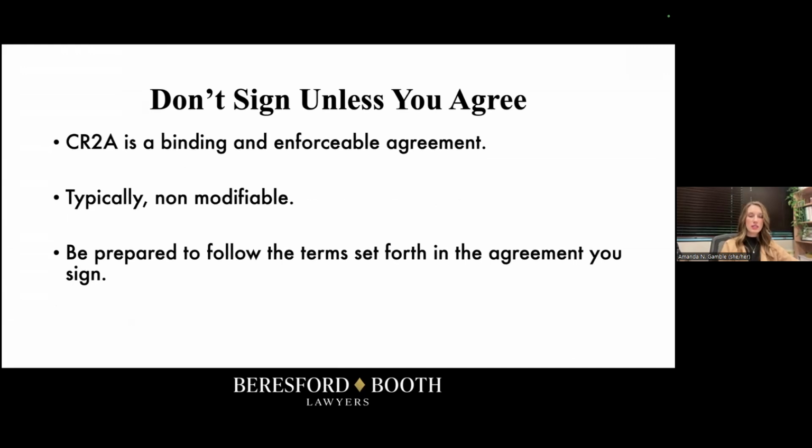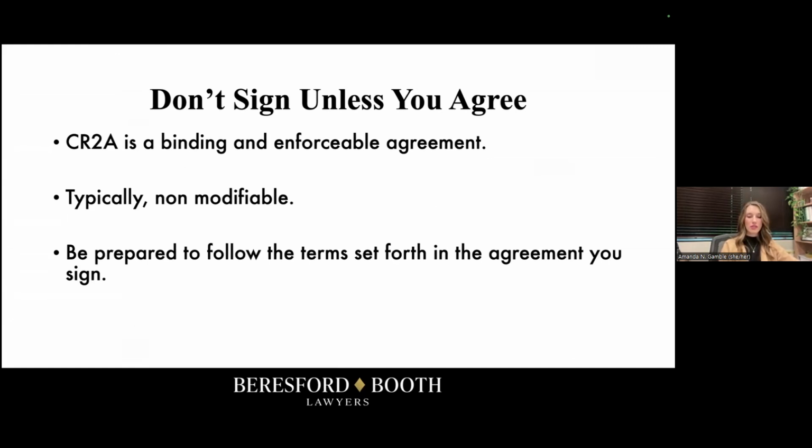Do not sign that final agreement at the end of your mediation unless you agree. After you have reached the terms of the agreements and they're reduced to writing, we sign what is called a CR2A. A CR2A, or Civil Rule 2A agreement, is a binding enforceable agreement. It outlines the terms of the settlement reached, and changes to the CR2A are nearly impossible.